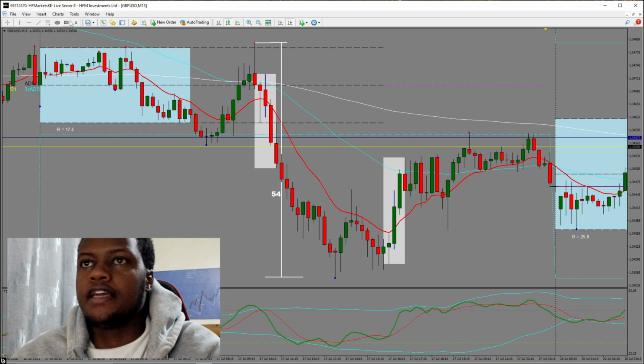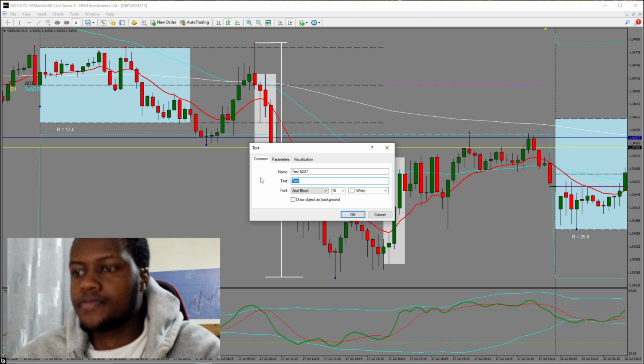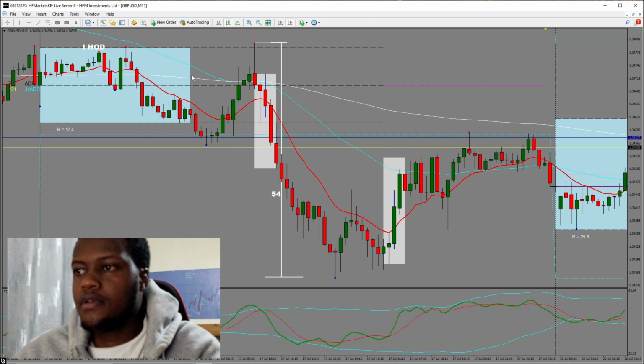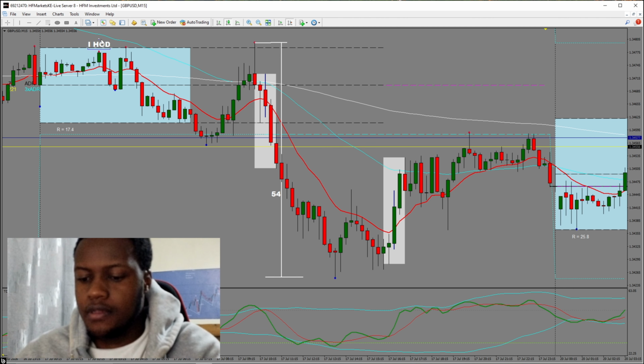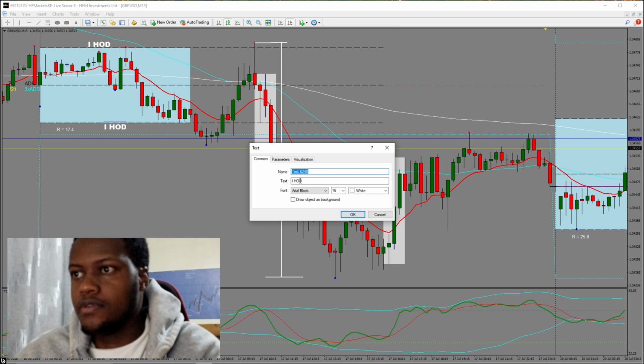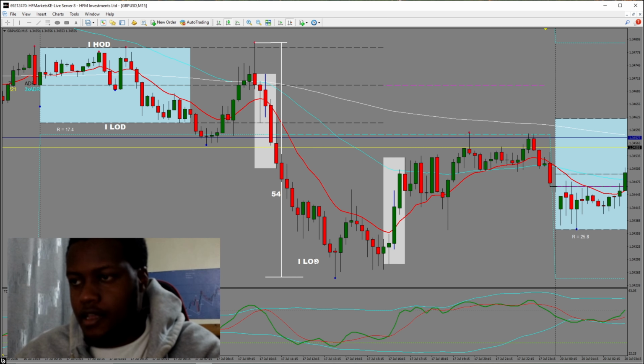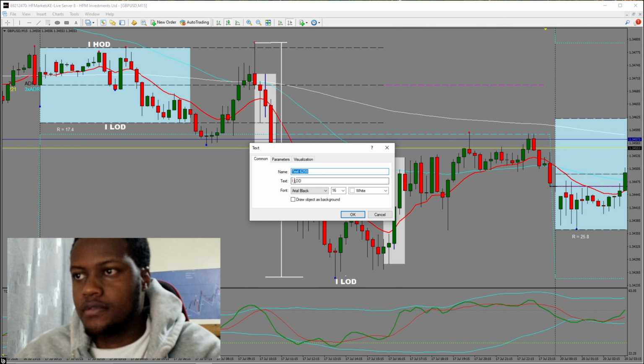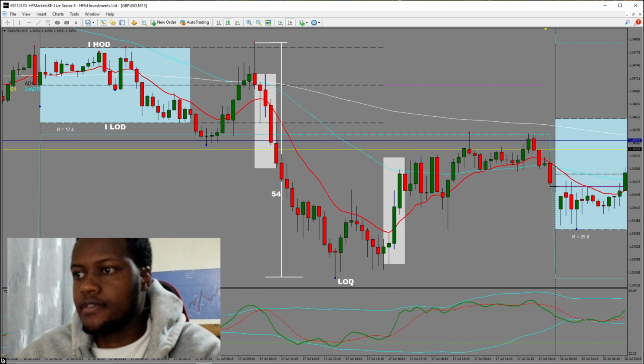So after identifying that, you identify the initial high of the day, that's the Asian range. Initial high and initial low, and the low of the day.